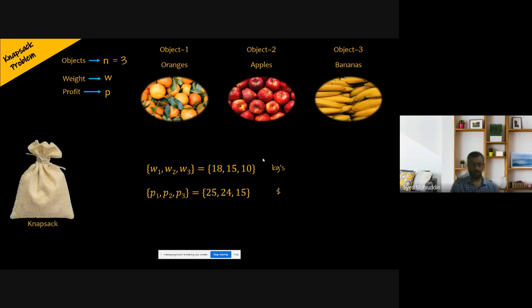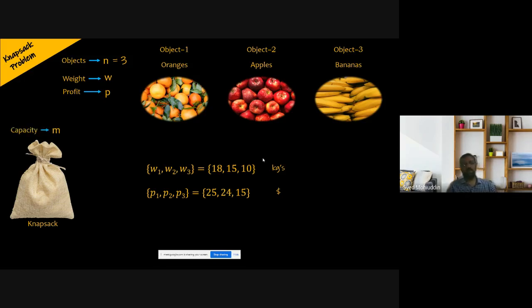Now, there is a bag given. That is what is known as a knapsack. There is a sack, or knapsack, and there is a capacity to this knapsack.